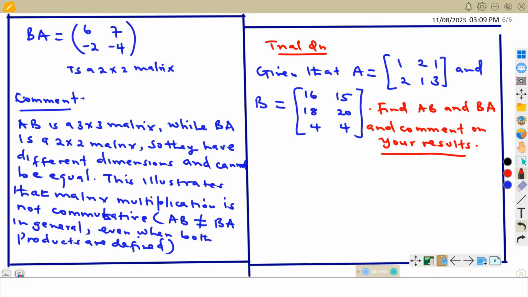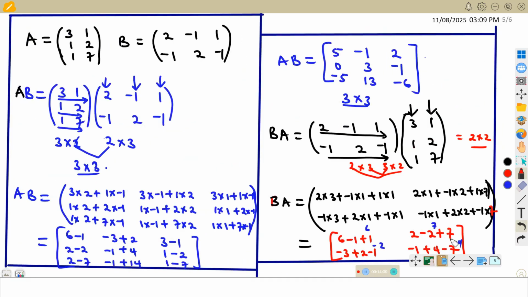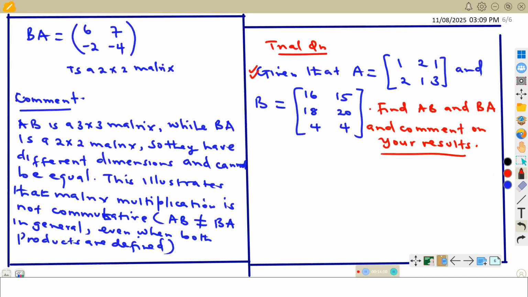Make sure you try this out and see if you are able to follow the same procedures that we followed in this example, where we were given A and B and wanted to get AB and BA, and again comment on the results. So use the same knowledge, find AB, find BA, then give your final comment.